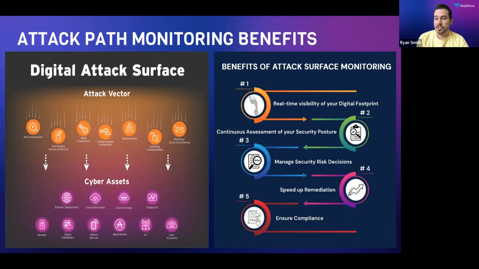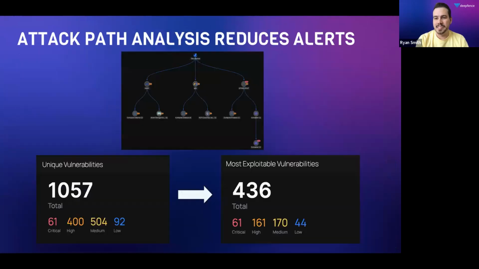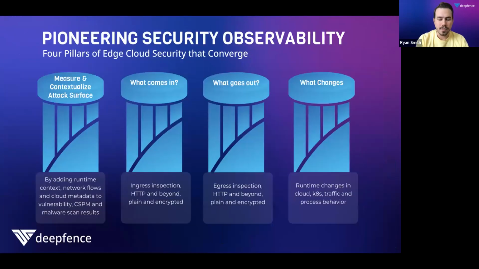Where do I need to target my people resources when I do patching efforts, when I'm looking at remediation efforts or forensics and response in a 0-day scenario where I've already been impacted or exploited? And ultimately, it helps us ensure compliance because all of this is continuous rather than point in time static snapshots of our environment. So it allows better upkeep of these things in real time.